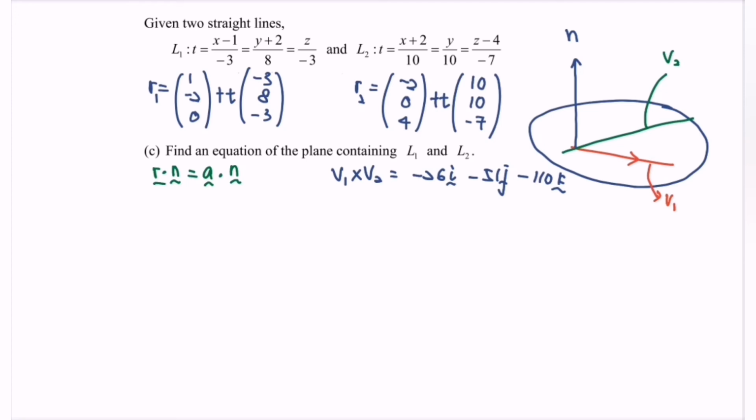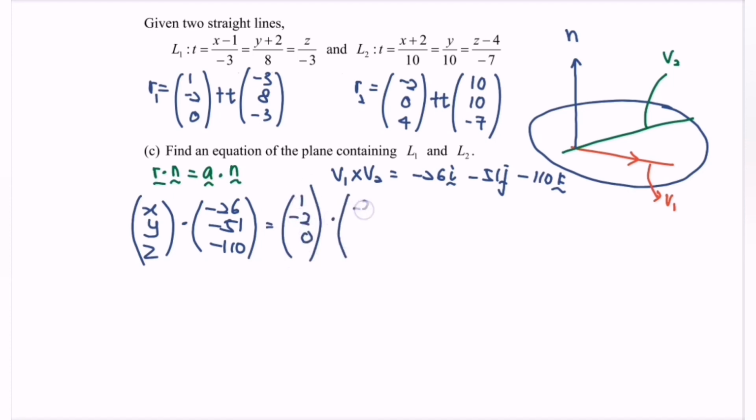Next, we substitute into the formula, making use of the point (1, -2, 0), or we may use (-2, 0, 4). So kindly substitute x, y, and z: (x, y, z) dot (-26, -51, -110) equals (1, -2, 0) dot (-26, -51, -110). So that is the vector equation.